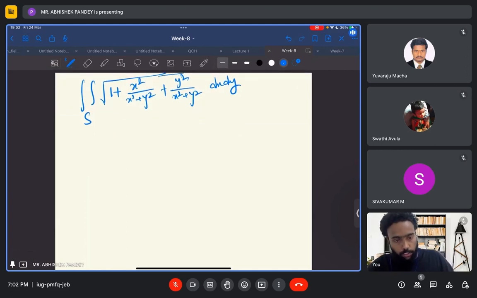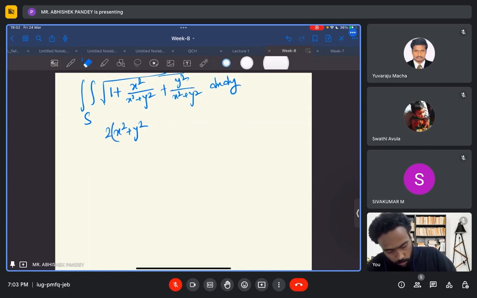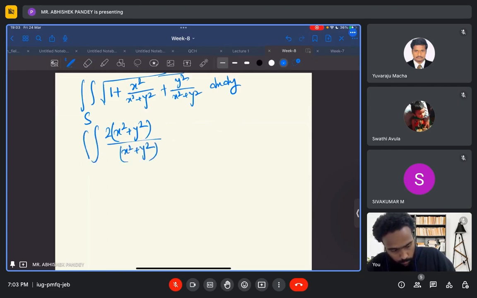So we need to change this to r and theta. So this is x square plus y square, and again plus x square, so this will be 2 upon x square plus y square. Sorry, this will be under root 2, and this will also be under root, so this will cancel out, so this will be root 2 times dx dy.